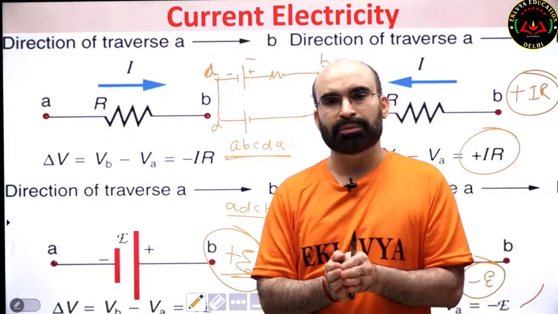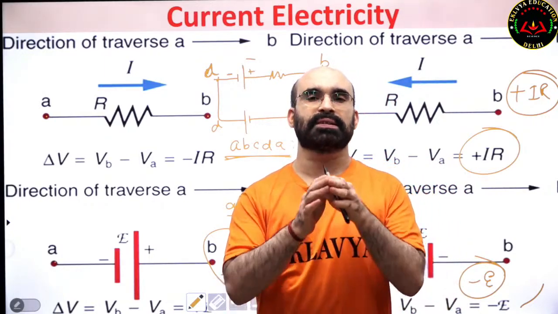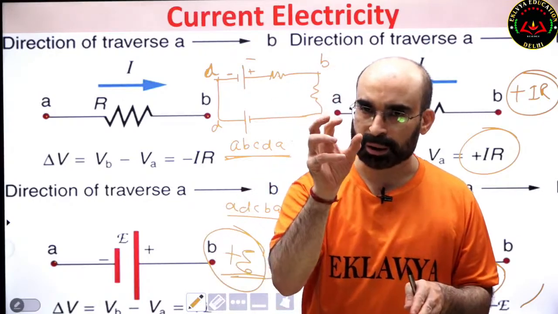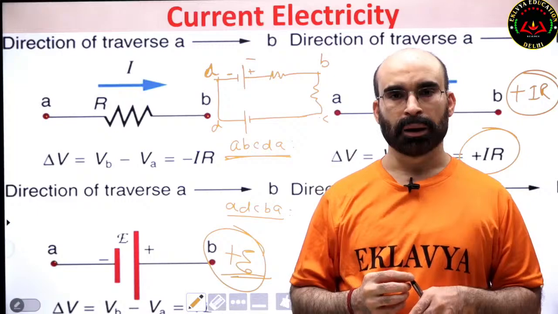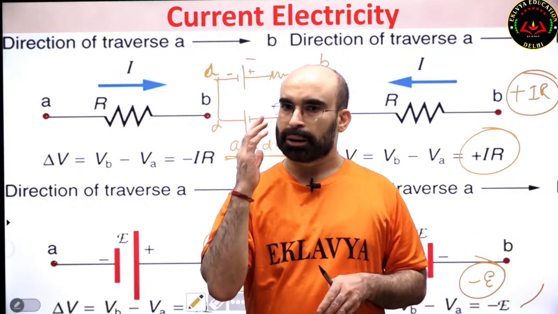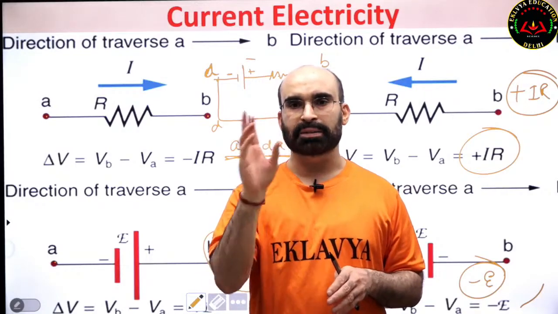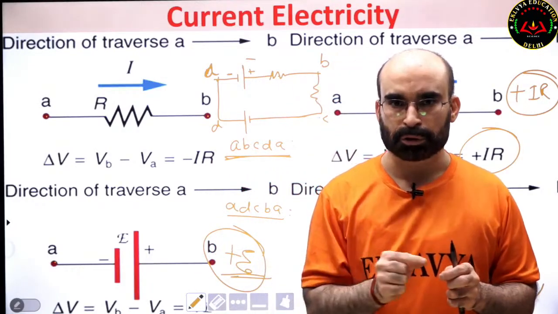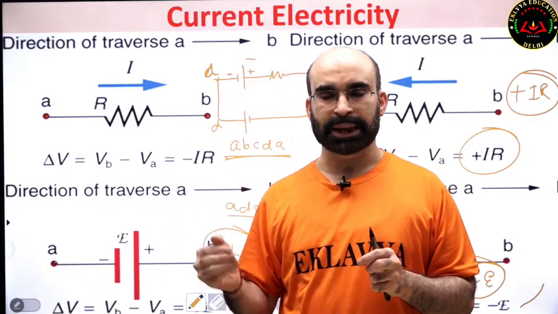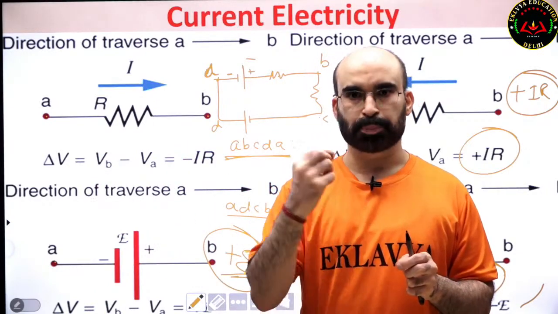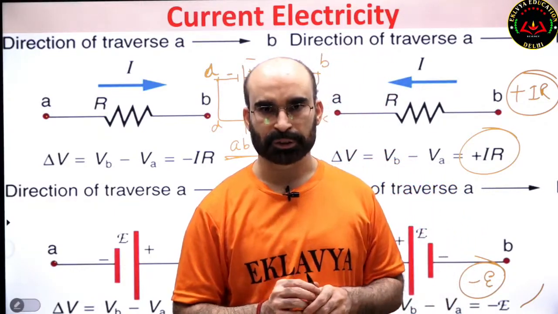You must be aware that potential difference is nothing but work per unit charge. While knowing the definition of EMF, you had this: inside the closed loop, EMF equals work done in taking a unit positive charge once around a closed circuit. That is one of the definitions, right?